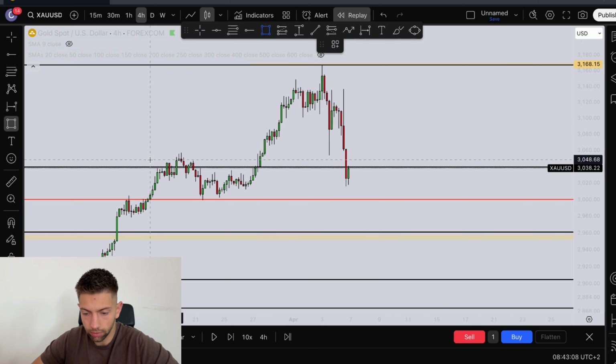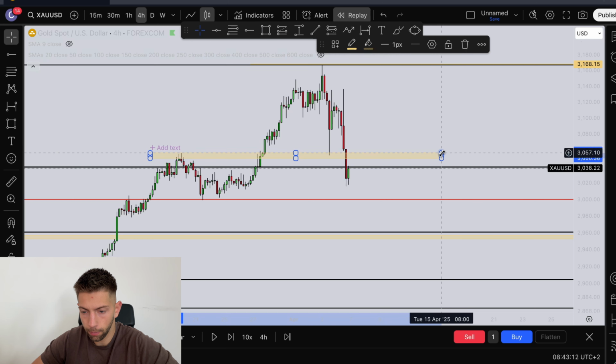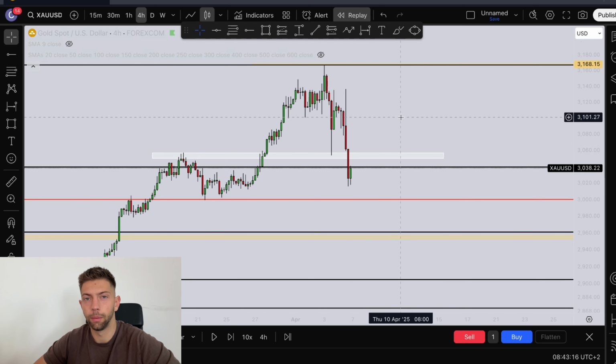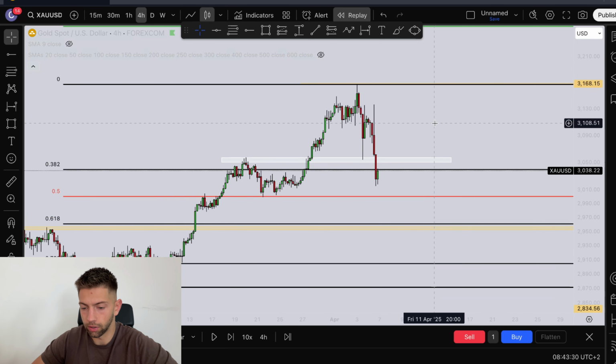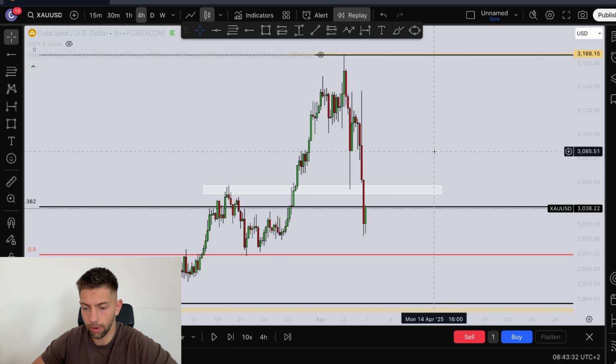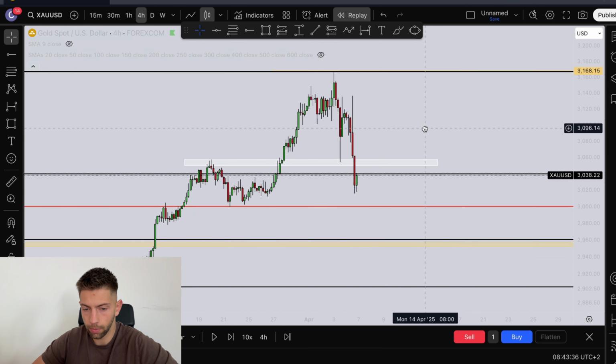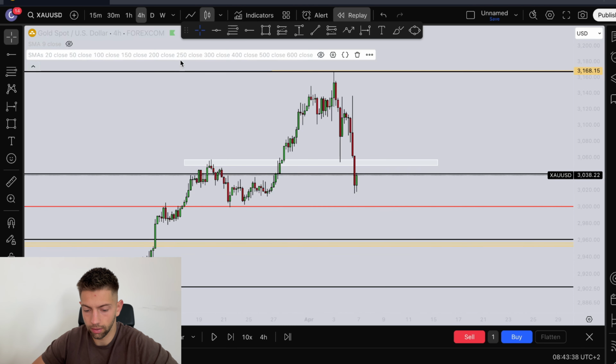So I can mark out some key levels on H4 as well, and on H4 I'm using swing high and swing low as well. In this case it's similar to the daily, so I can leave it like this, and let's play it.